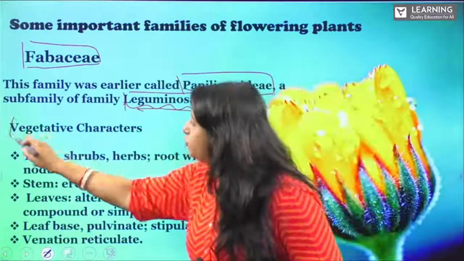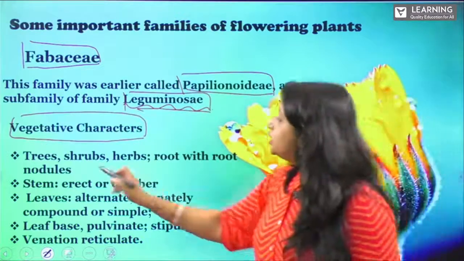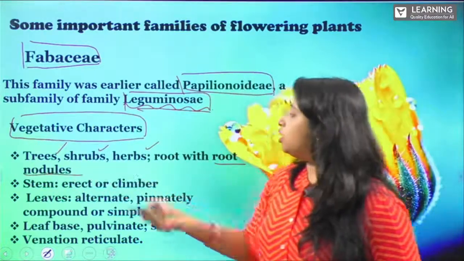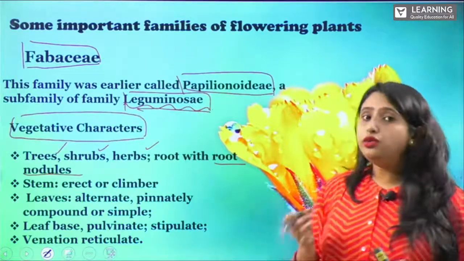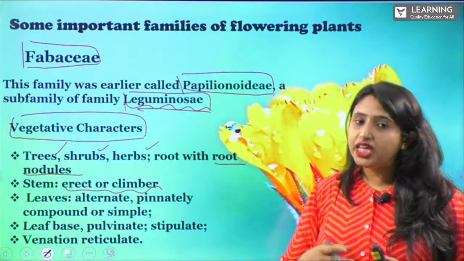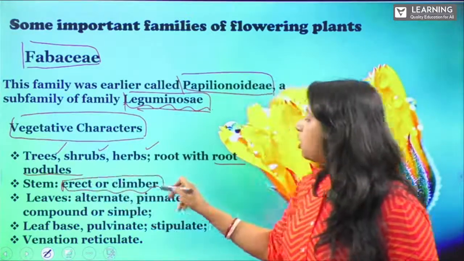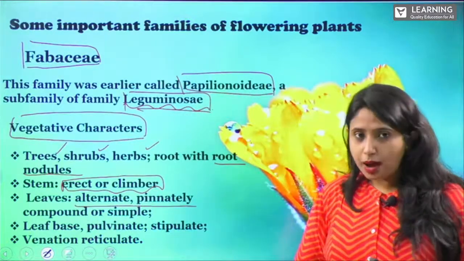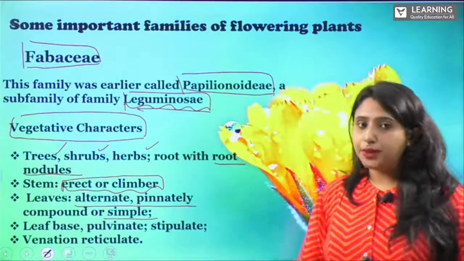Now let us see some of the vegetative characteristics. What are the various vegetative characteristics? Trees, shrubs, herbs, with root nodules. These plants will be having root nodules and the stem. However, the stem, as you have seen in the case of pea, is often a climber, so their stem is either erect or climbing. How are the leaves arranged in these families?